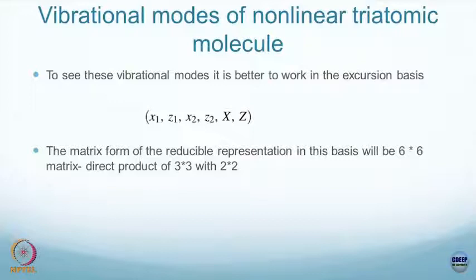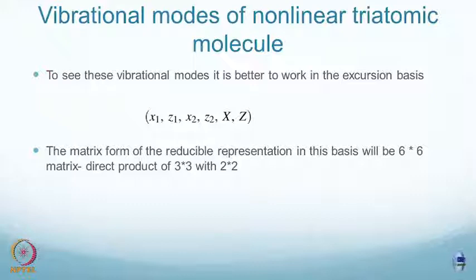Okay, so how will you write the C2 element? So I can split this up into a 3 cross 3 of C2 and another 2 cross 2 of C2, right.